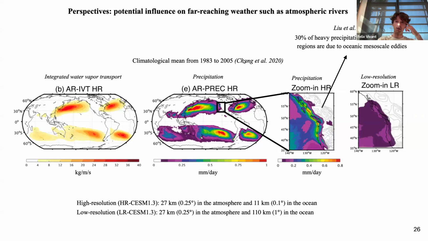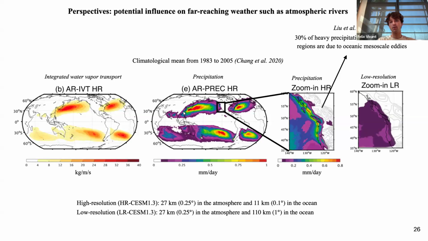For instance, in the study of Cheng et al., they compared two climate simulations: a high resolution one, 27 kilometers in the atmosphere and 11 in the ocean, and a low resolution one, with the same resolution in the atmosphere but a resolution 10 times lower in the ocean. Those three plots are the high resolution one, and this one the low resolution. On this panel here, you can see the integrated water vapor transport. It means that within the storm tracks, moisture is advected from Japan to Western America.